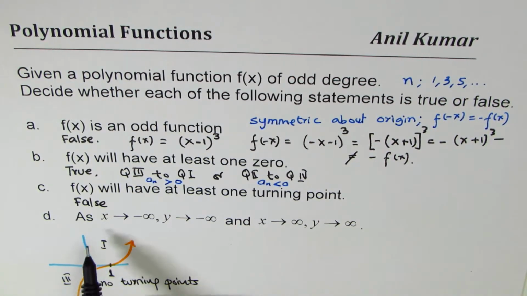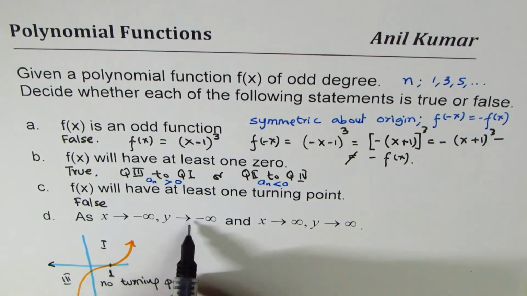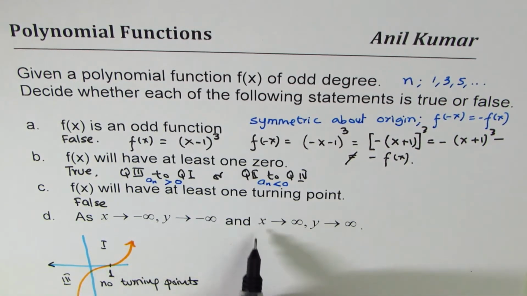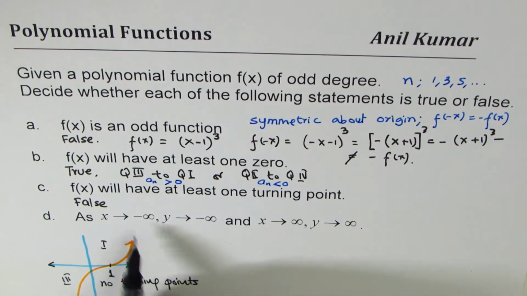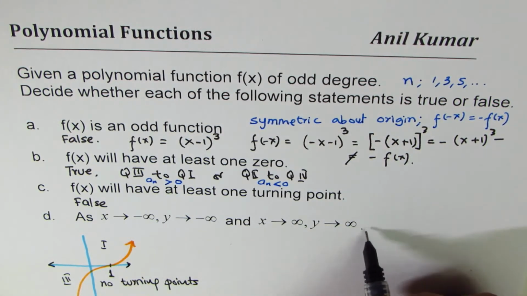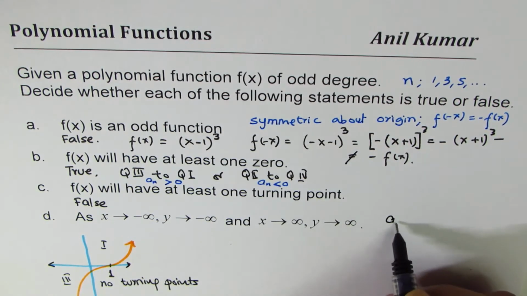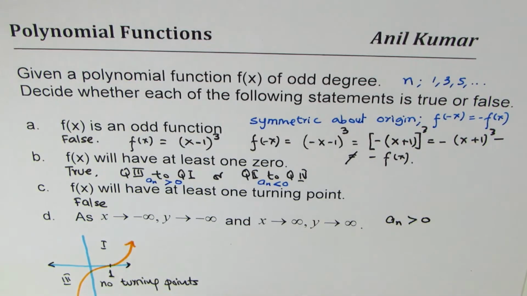The last statement here is regarding the end behavior. If x approaches negative infinity, y approaches negative infinity. If x approaches positive infinity, y approaches positive infinity. It is not always true. This happens only when the leading coefficient a n is positive, greater than 0.